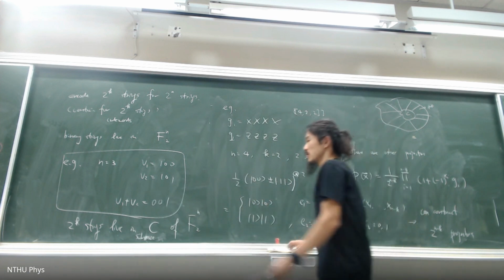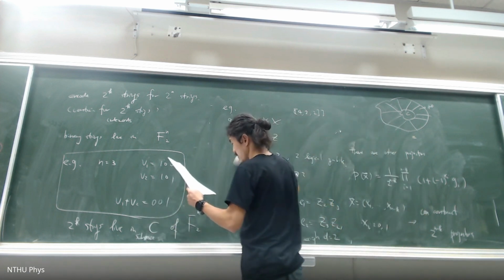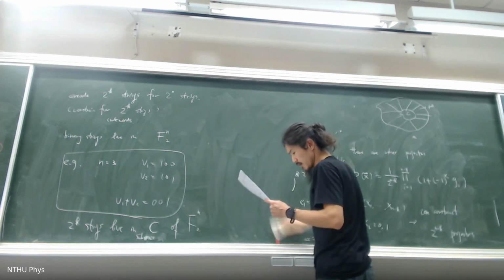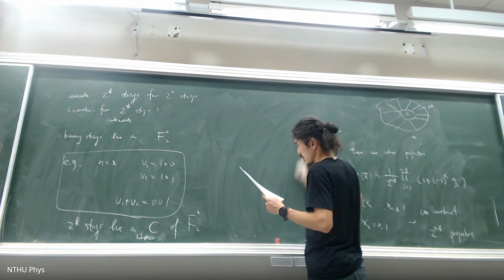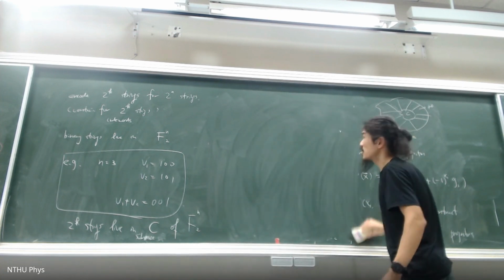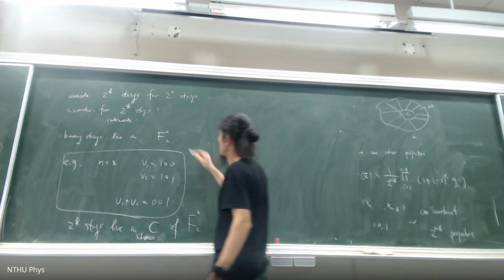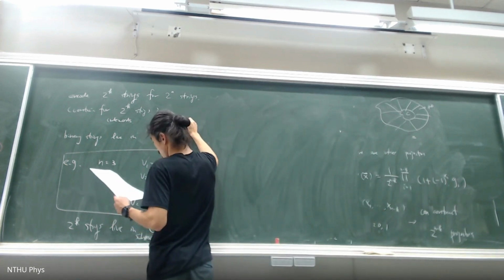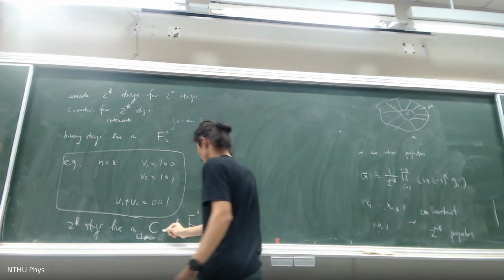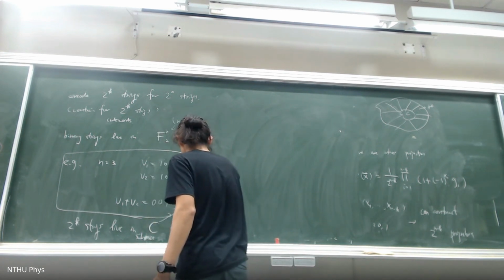So basically, I can have a k dimension vector space. And by the way, this is an n dimension vector space. So this will be a k dimension vector space.